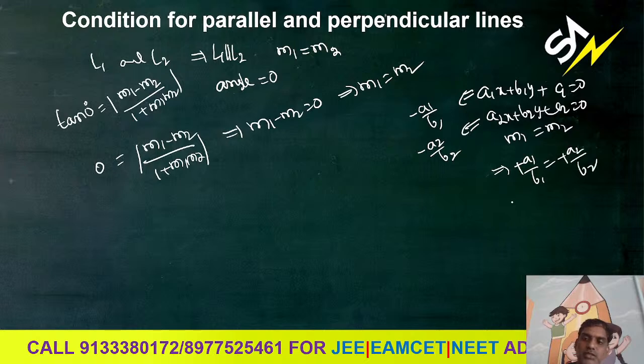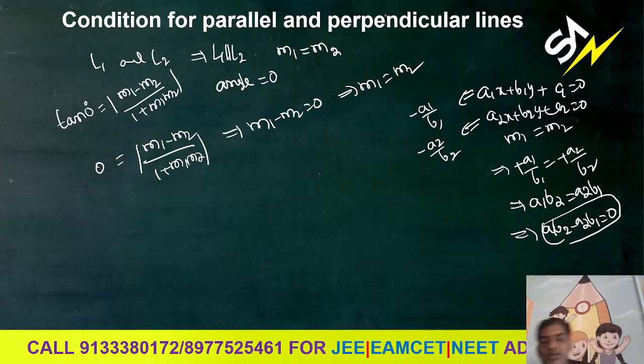Minus and minus get cancelled, so that we are getting a1 b2 is equals to a2 b1. That is nothing but a1 b2 minus a2 b1 is equals to 0. This is the condition when the two given lines are parallel to each other. Okay, first one is their slopes are equal, and in terms of a1, a2, b1, b2, we can get like this.